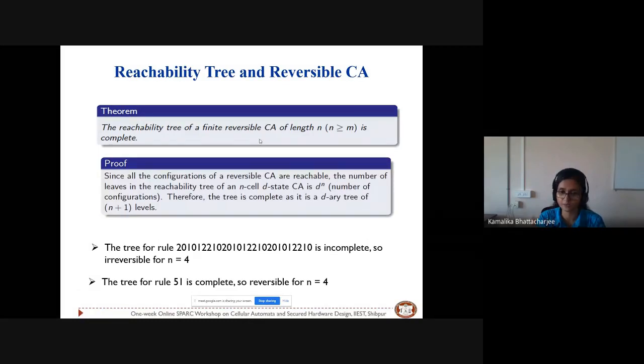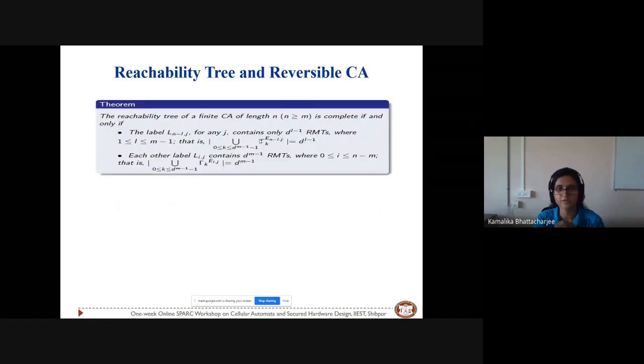But there is some other way also. You don't have to develop the complete tree to decide reversibility always. There is some other easier way that is derived from this theorem itself. The theorem is that a reachability tree can be complete if and only if a specific number of RMTs are present in each of the levels of the edges.